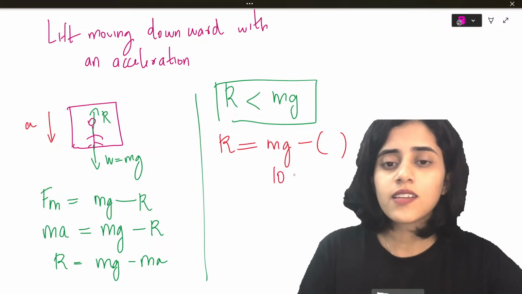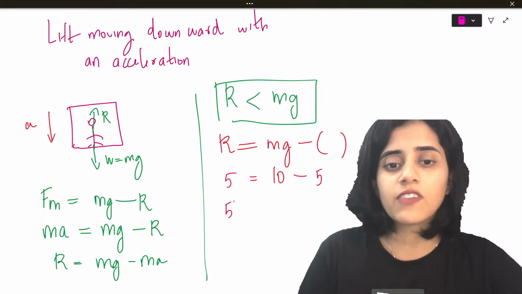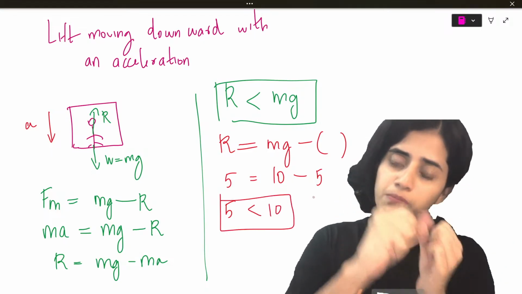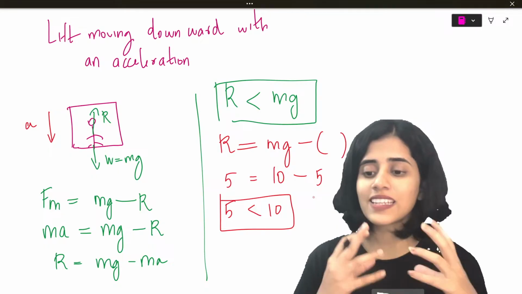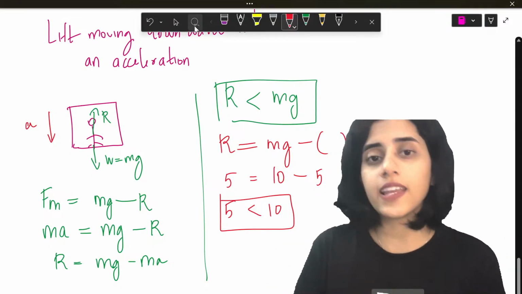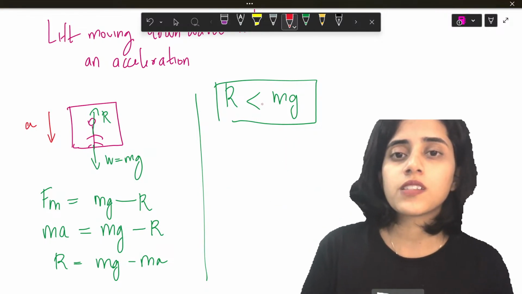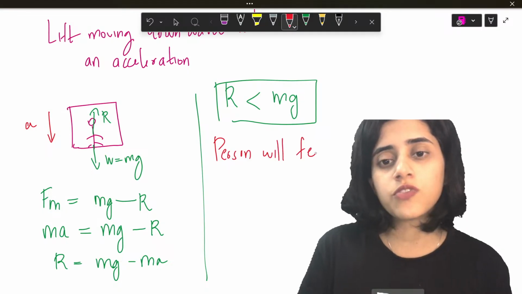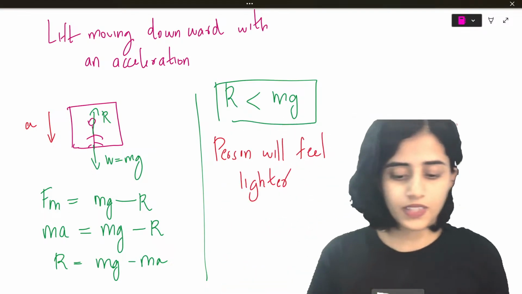If mg is 10 and ma is 5, R will be only 5, which is obviously less than 10. R will always be mg minus something, so it will be less than mg. What does this mean? This means that the person will feel lighter. So the conclusion is the person will feel lighter. Is that clear to you?